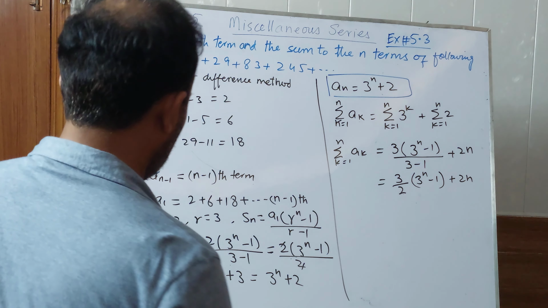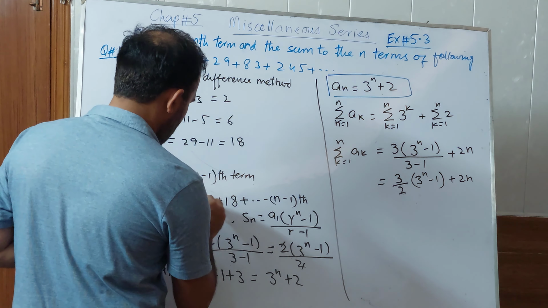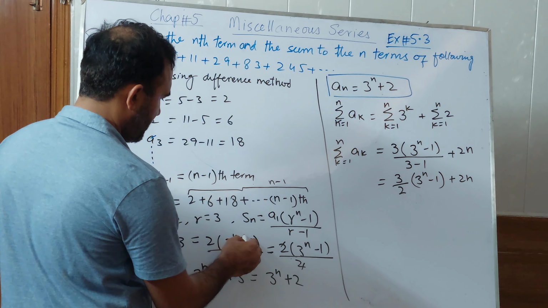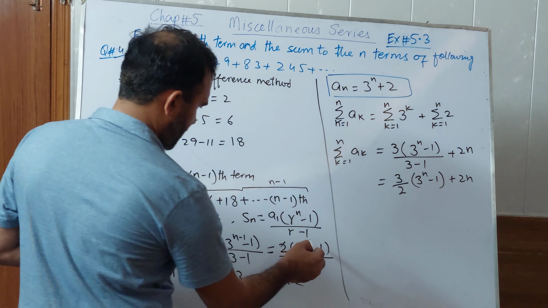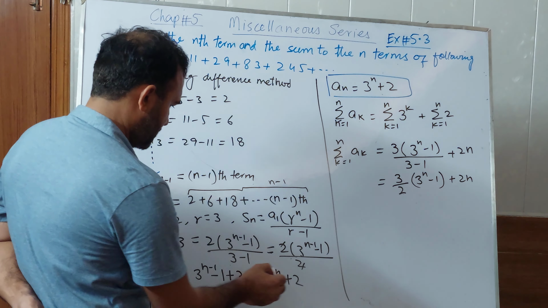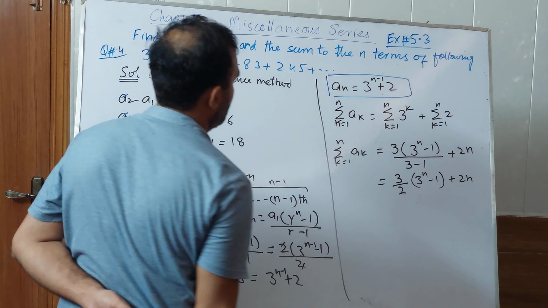Okay students, we will have to make some correction because here the terms are n minus 1, so these terms are n minus 1, so here it will be n minus 1, and again n minus 1, and n minus 1.